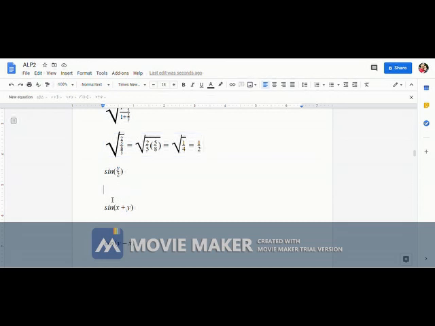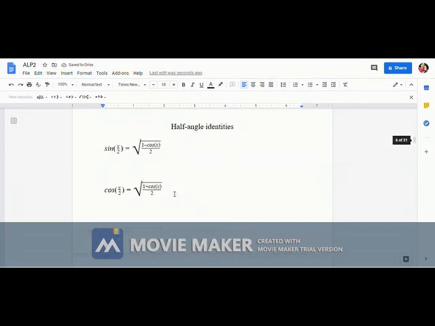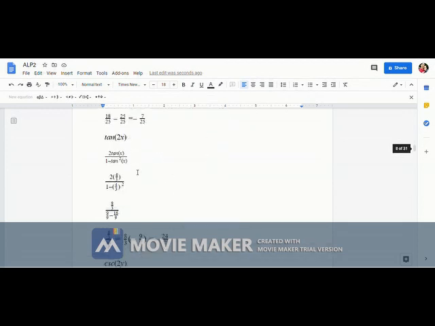Alright, now we can move on to sine y over 2. Alright, so we'll look back at that sine identity. See, there's that 1 minus cosine x, and this is over 2, and it's a square root. So we'll go ahead and write that down here.